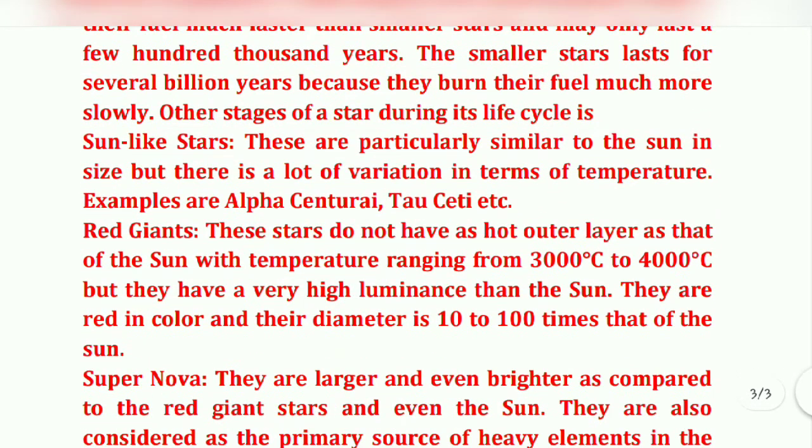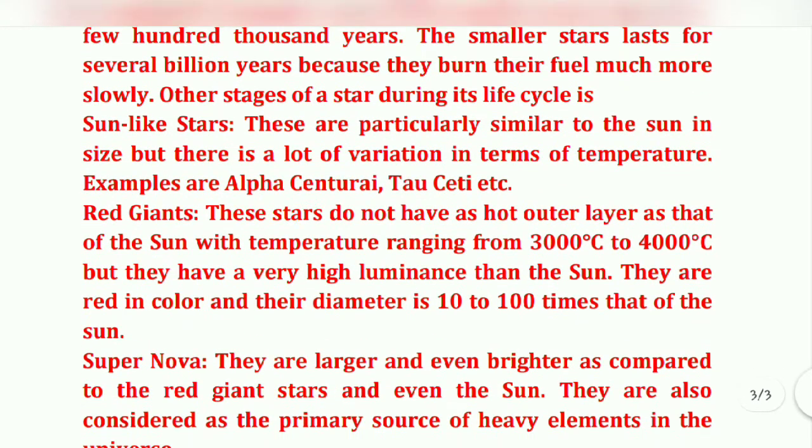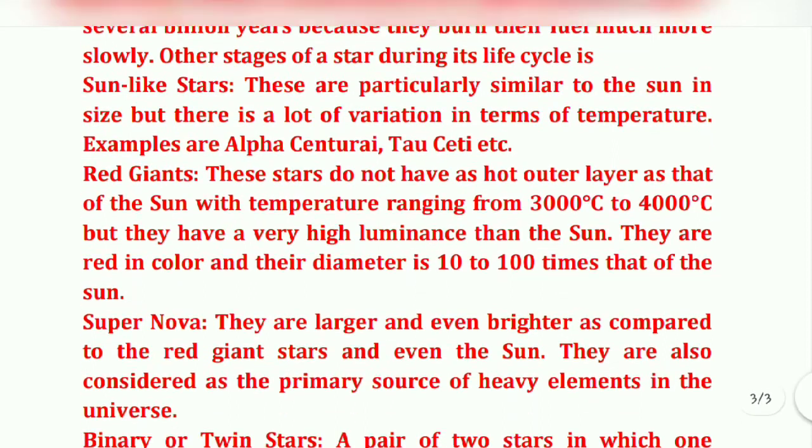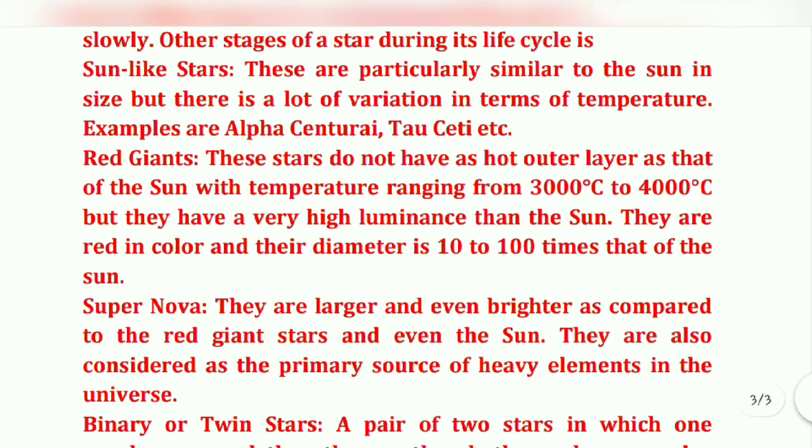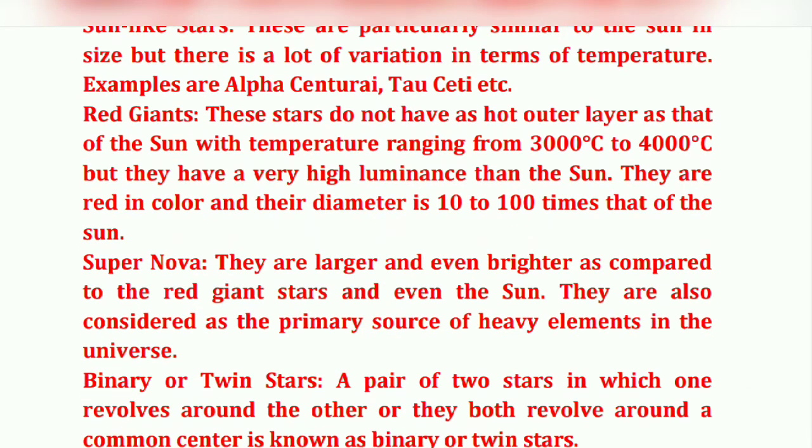Examples are Alpha Centauri, then Tau Ceti, etc. Red giant stars do not have as hot an outer layer as that of the sun, with temperature ranging from 3000 degrees Celsius to 4000 degrees Celsius, but they have a very high luminosity than the sun. They are red in color and their diameter is 10 to 100 times that of the sun.